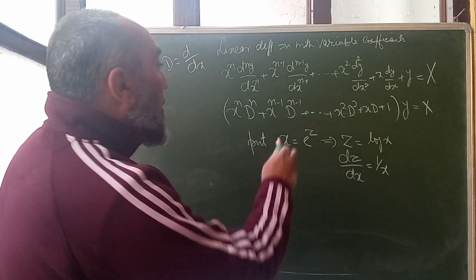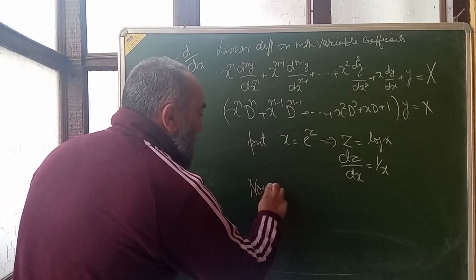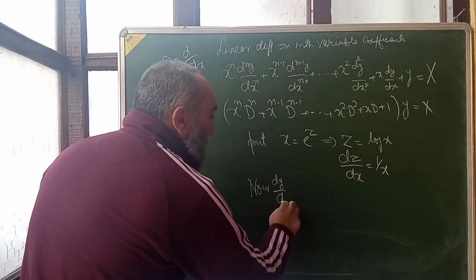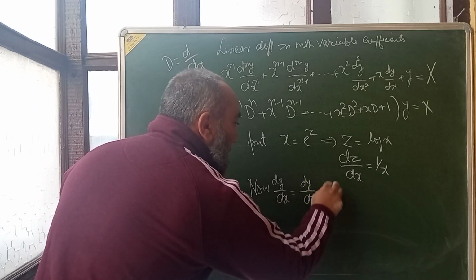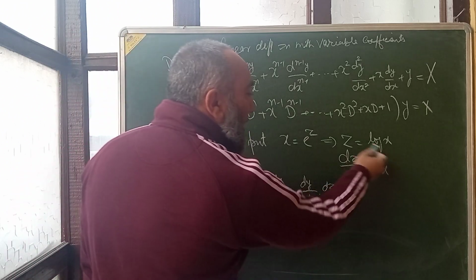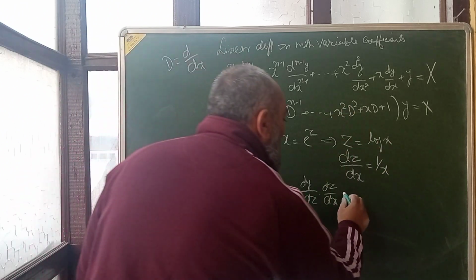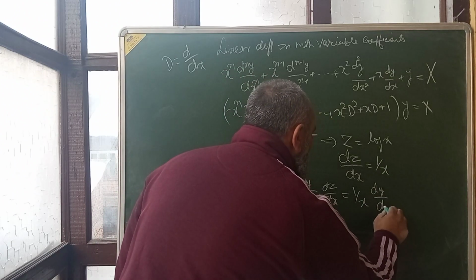Fine. Now I want to find dy by dx. dy by dx is dy by dz times dz by dx, by the chain rule. But dz by dx is 1 by x. So this is 1 by x times dy by dz.